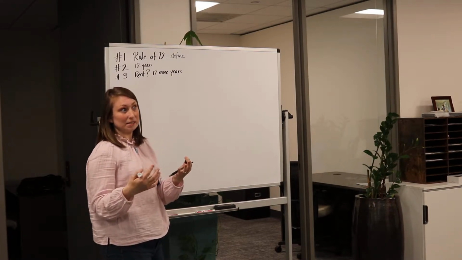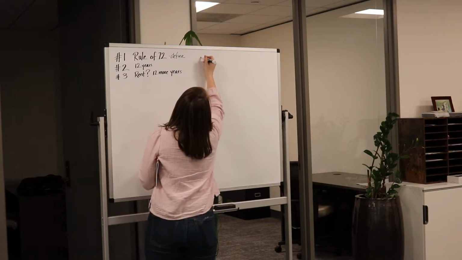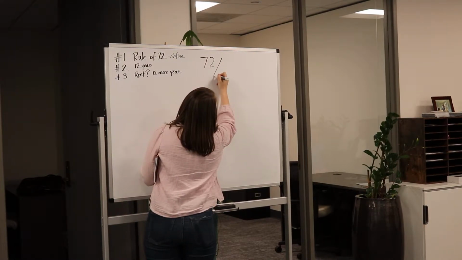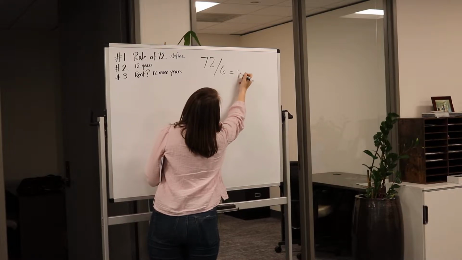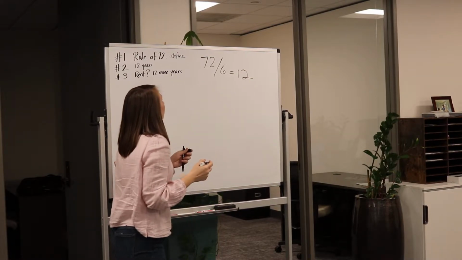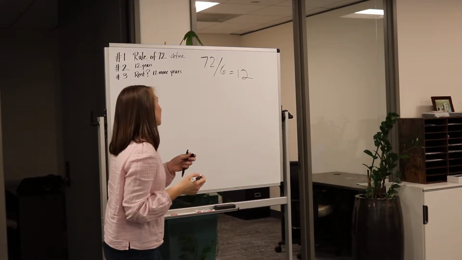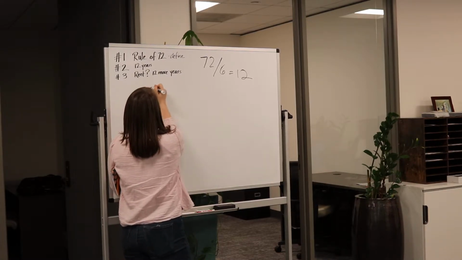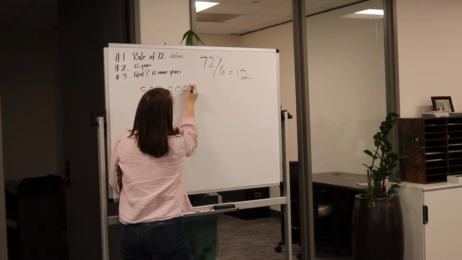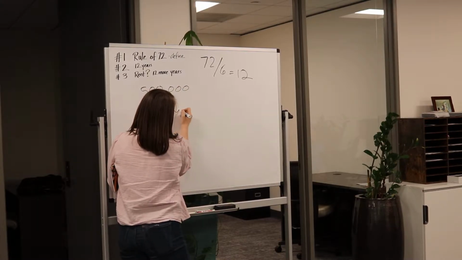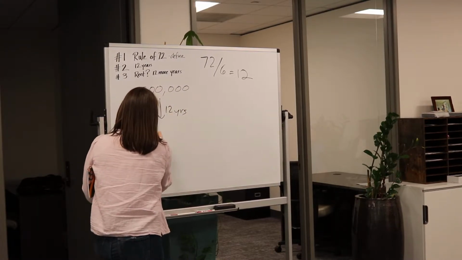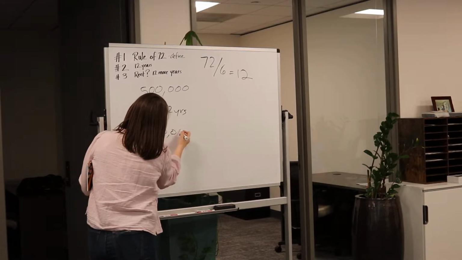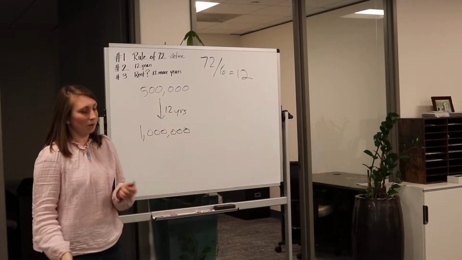But on average, it's 6. So we're going to take 72 and divide it by 6, which equals 12. So a real estate investment, if you buy a home for $500,000, 12 years later, it will be worth the big $1 million.